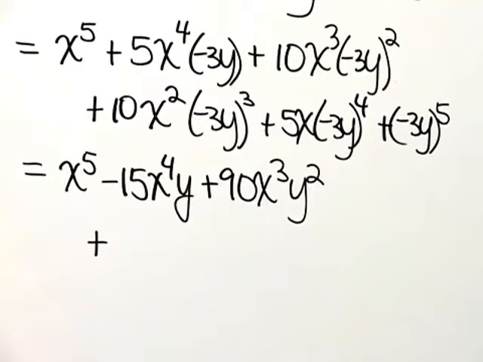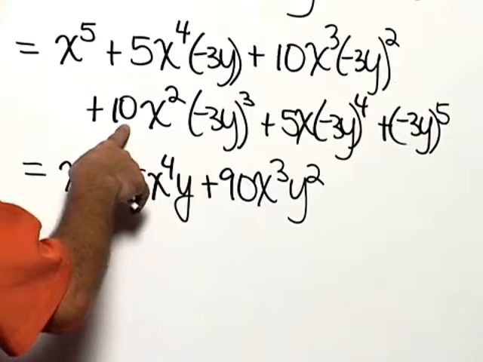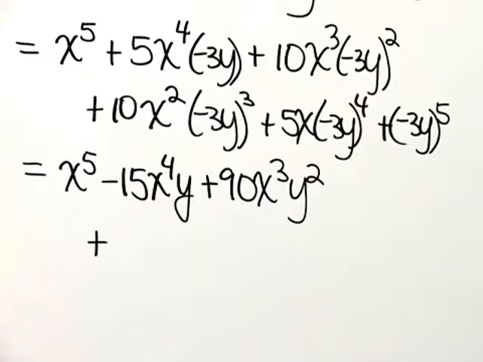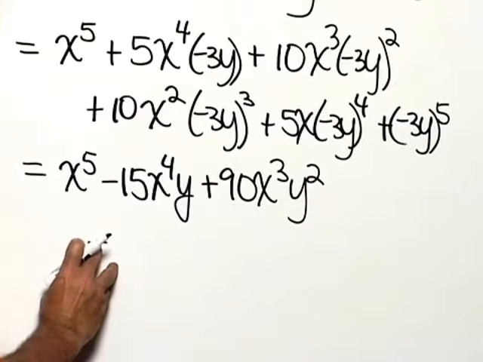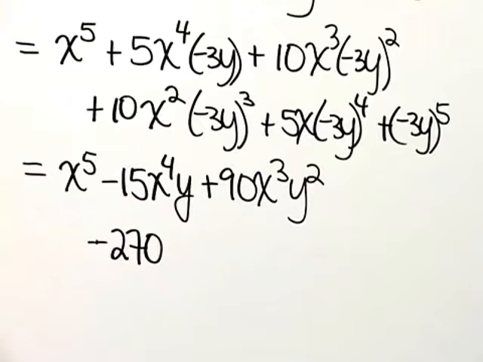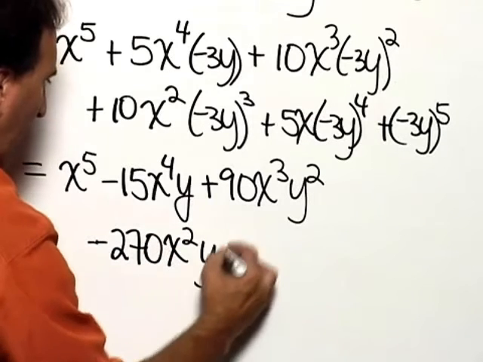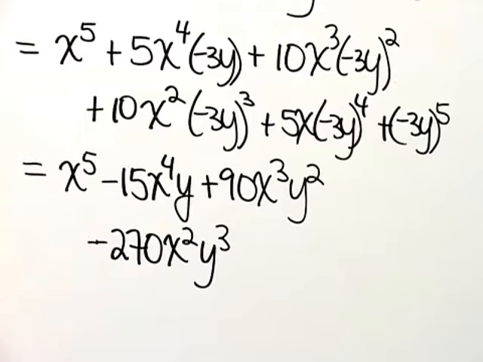That's actually going to be negative 27y cubed. And when I multiply the negative 27 times the 10, that gives me negative 270. So instead of writing that as plus a negative, let's write it as negative 270 x squared y cubed.